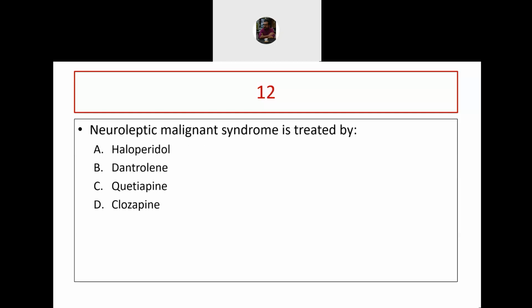Neuroleptic malignant syndrome is treated by. Yes, the answer will be dantrolene. Injection dantrolene sodium is the drug of choice.